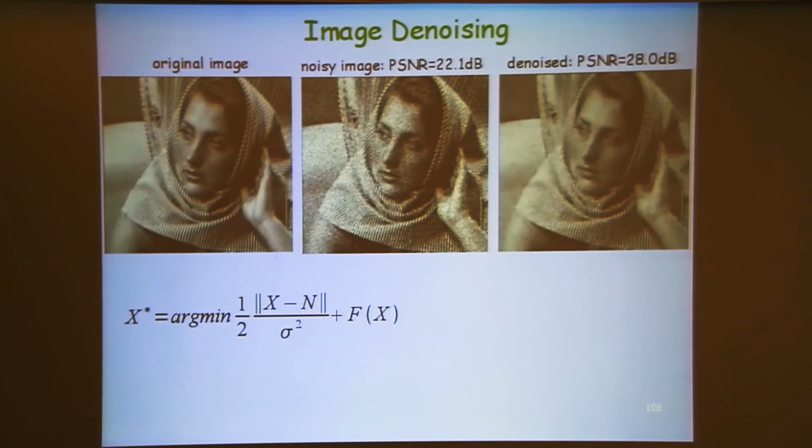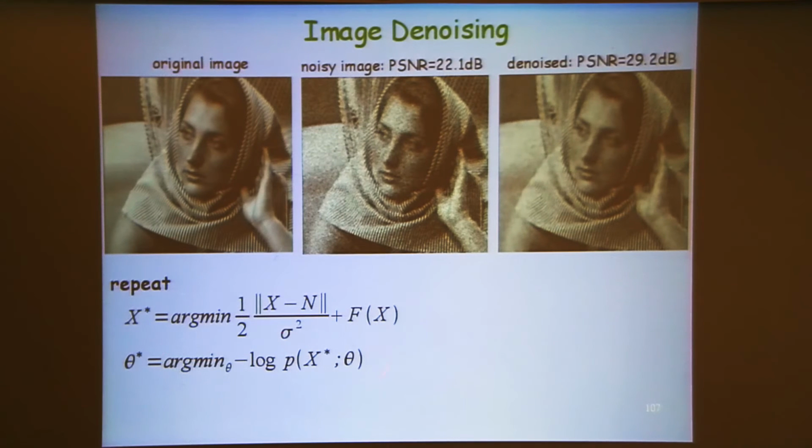So what we can do to improve the model is adapt it to this specific image that we are denoising. Given the denoised image, we can train on that denoised image, so that now the parameters fit the particular image that we want to denoise. After we do this for a little bit, we solve the optimization problem again to denoise.